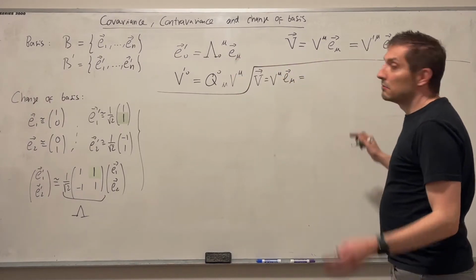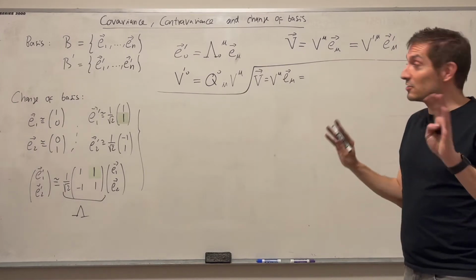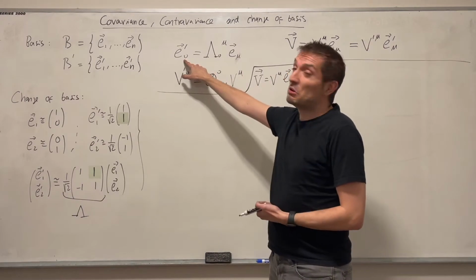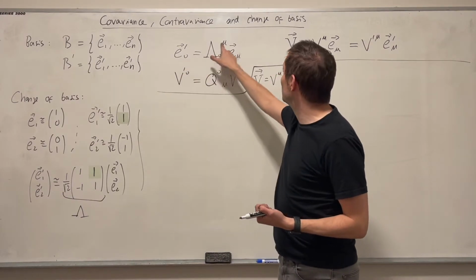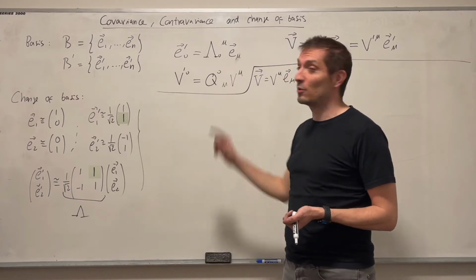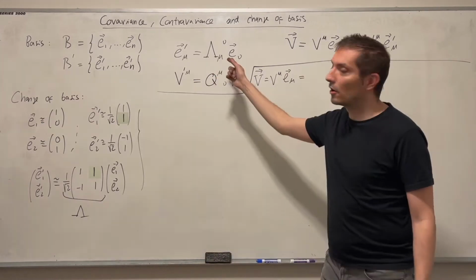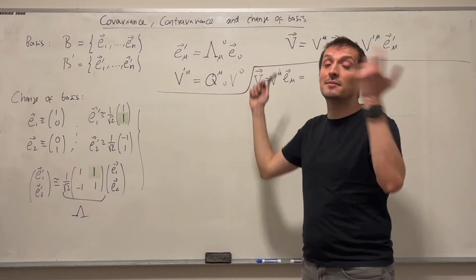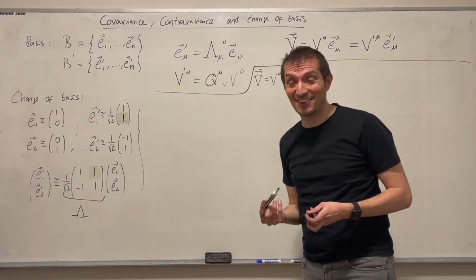Just to be aesthetically pleasing, I'm going to rename this nu as mu, and then mu as nu, to make it easier for you the first time. That does nothing, because those are indices, like calling them Joshua, but I'm going to do a swap, okay? Let's do it. And this is the same equation, I haven't changed anything, just the names I gave to the indices, which is my choice, right?